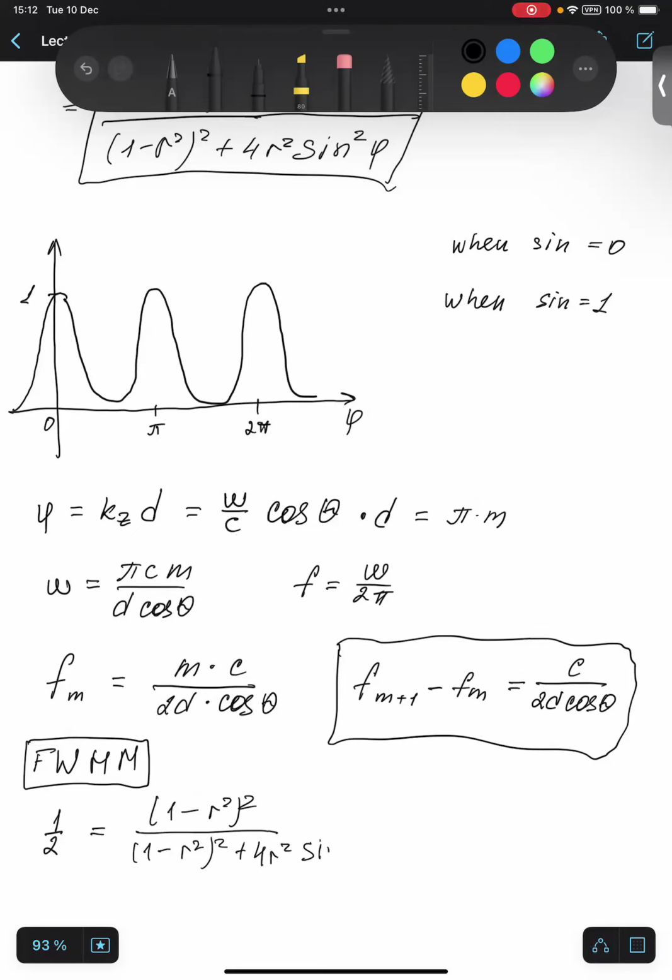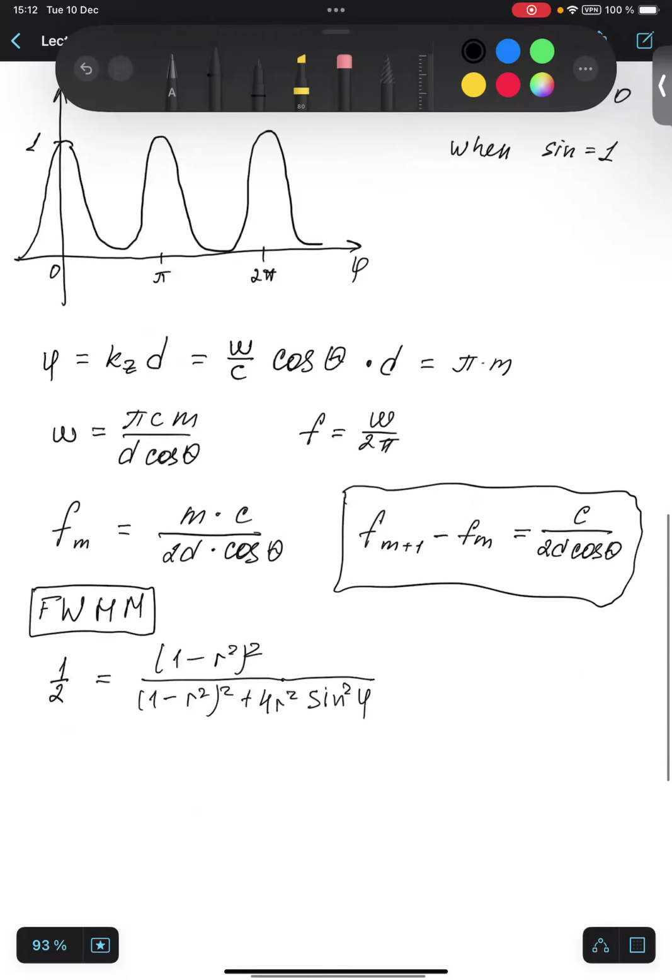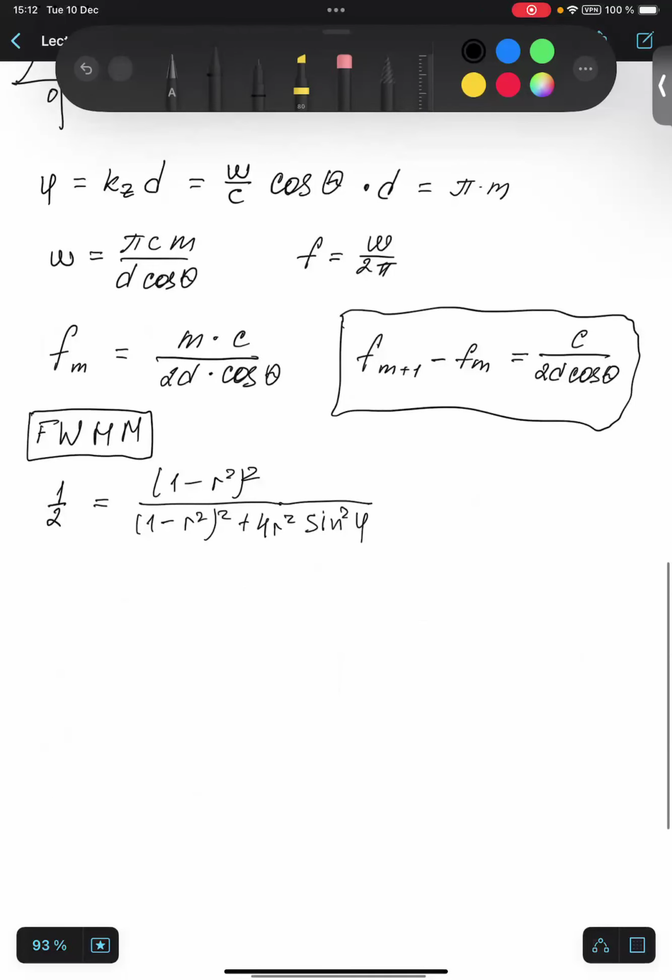So let's simplify it. 1 minus r squared plus 4r squared sine squared phi equals 2 times 1 minus r squared.